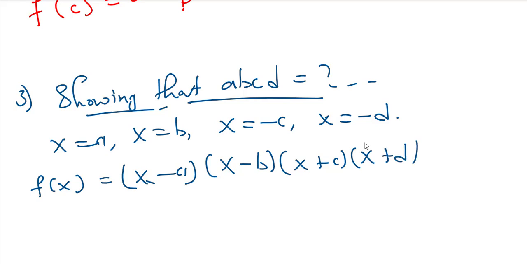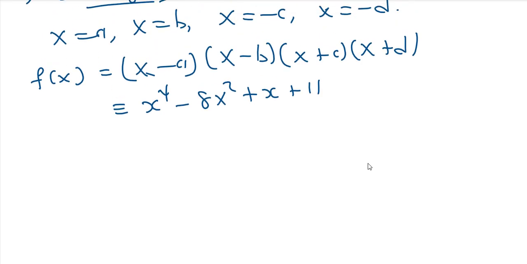Now all of this will be identical to our function, that's x to the power 4 minus 8x squared plus x plus 11. Now we expand this and we try to get the values of a, b, c, d.